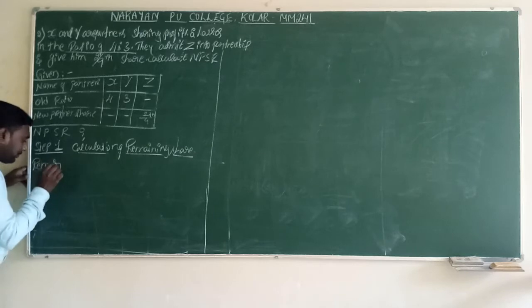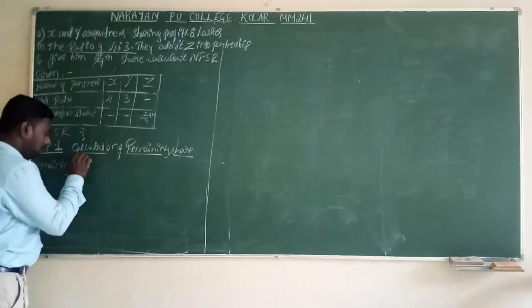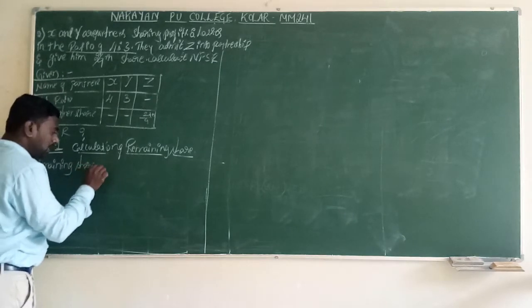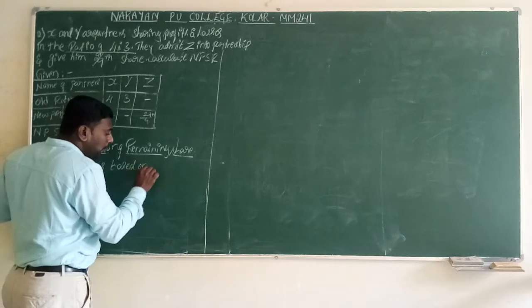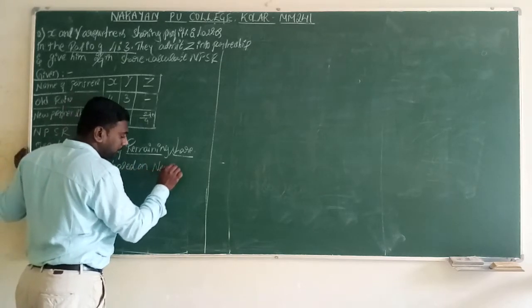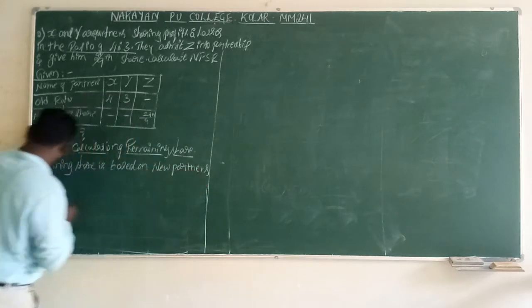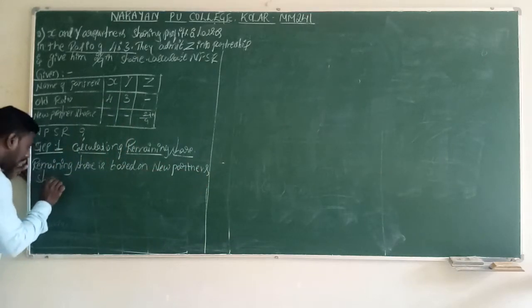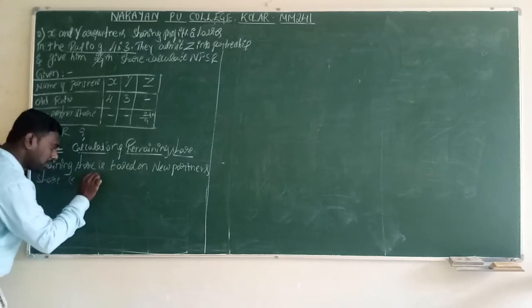Remaining share is based on the new partner's share, that is 2 by 9 share.